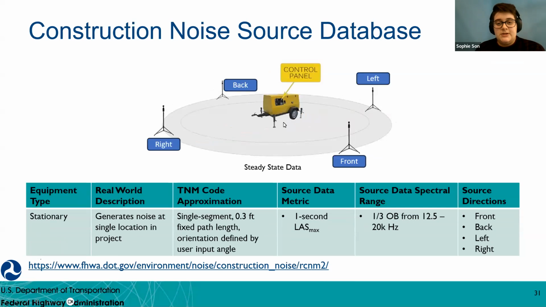Stationary equipment objects make noise while standing still, such as a power tool, which can be measured from all four cardinal directions, where the front is facing the control panel. So the source database has four spectra for stationary equipment: front, left, back, and right, all in that expanded spectral range and all in LAS max metric.